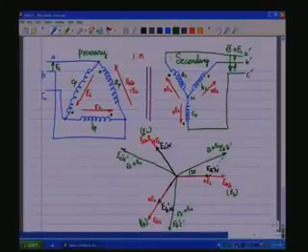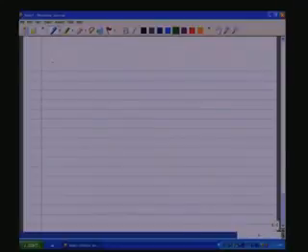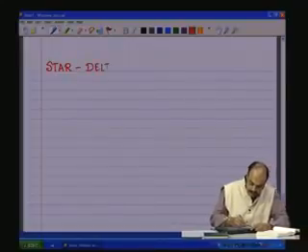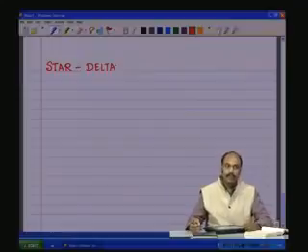Then we have the third connection, which is the star delta.